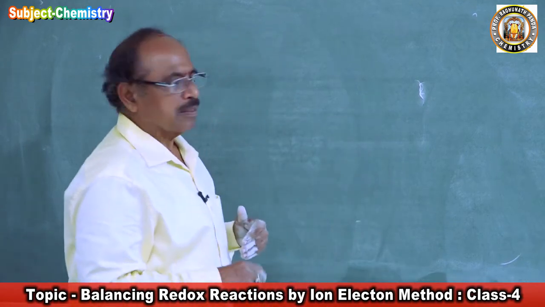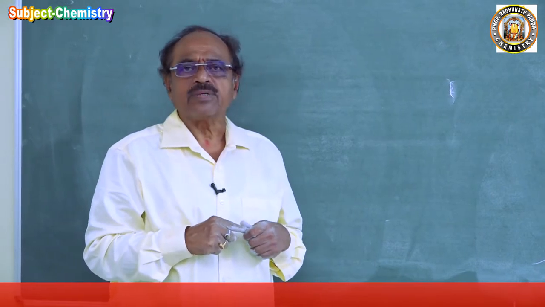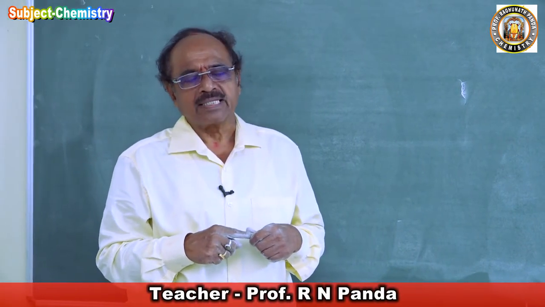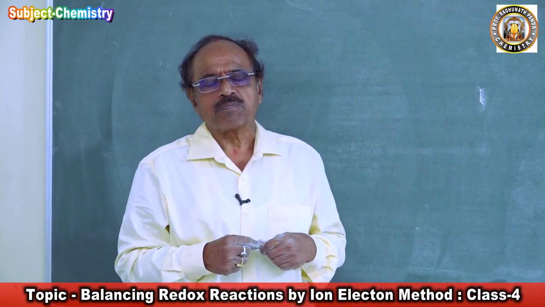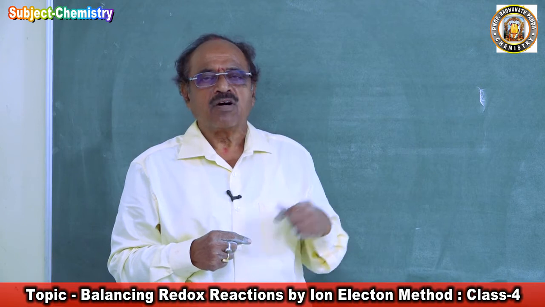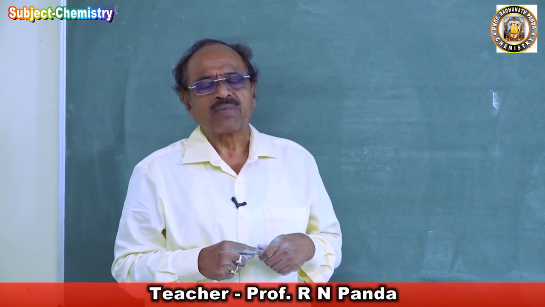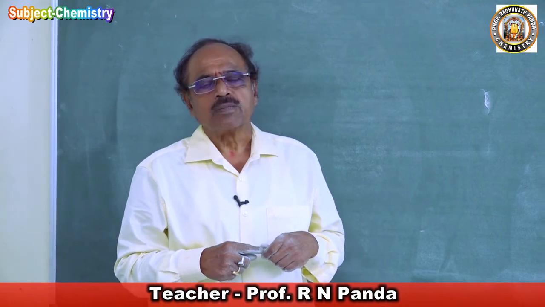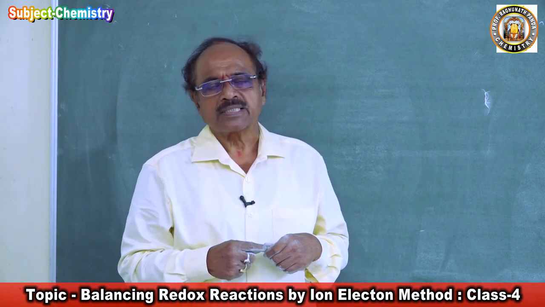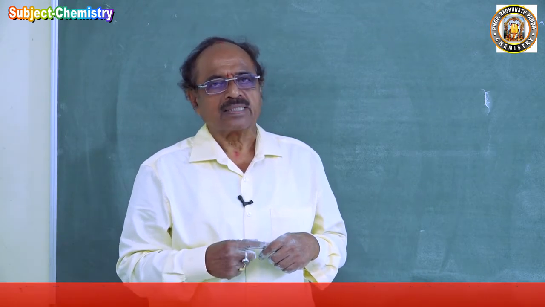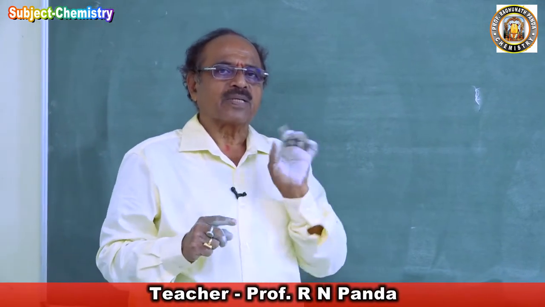Now let's come to the two things I have told you. For the standard equation for potassium permanganate, we have derived, in acidic medium, MnO4⁻ + 8H⁺ + 5e⁻ → Mn²⁺ + 4H2O. For potassium dichromate, in acidic medium, we got Cr2O7²⁻ + 14H⁺ + 6e⁻ → 2Cr³⁺ + 7H2O. Here we got 14H⁺ on the left side.